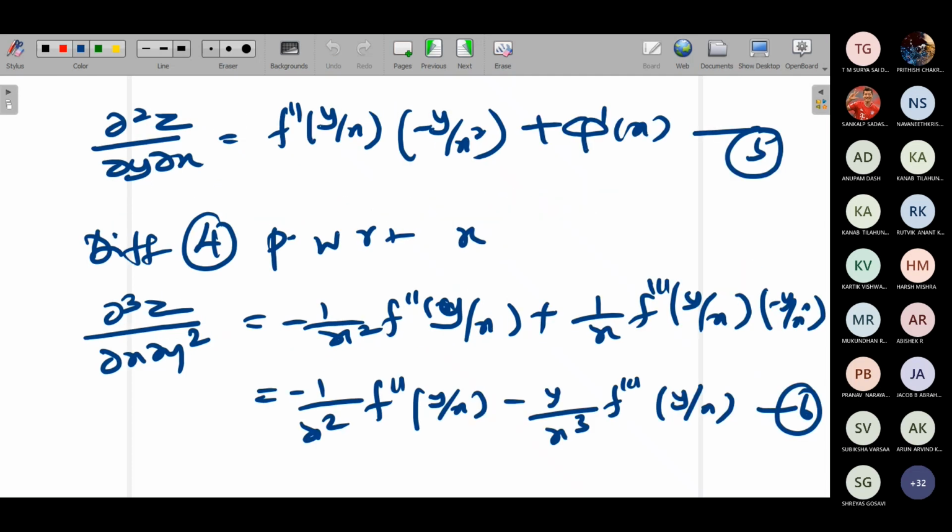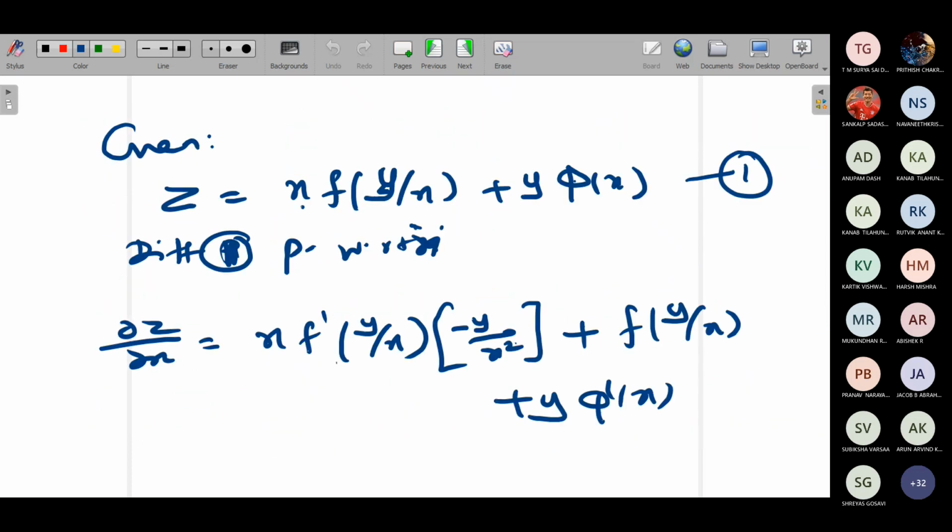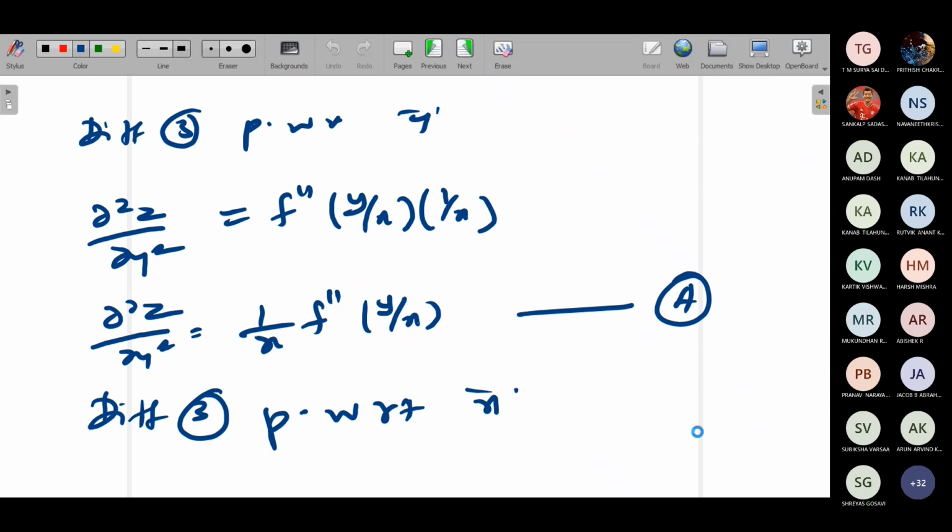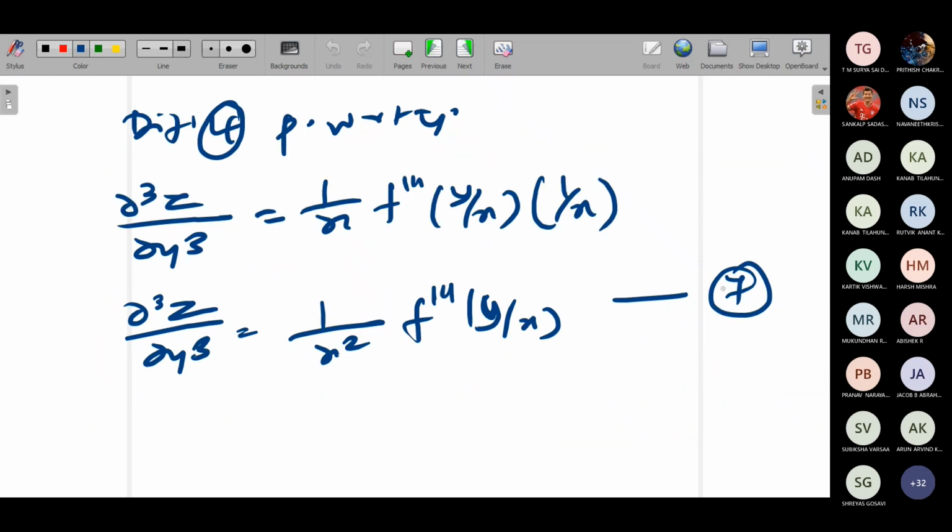Okay. Now see. So I have got ∂³z by ∂x ∂y² as... I can substitute f triple dash of y by x by this, as x square into ∂³z by ∂y³. So substitute 7 in 6.